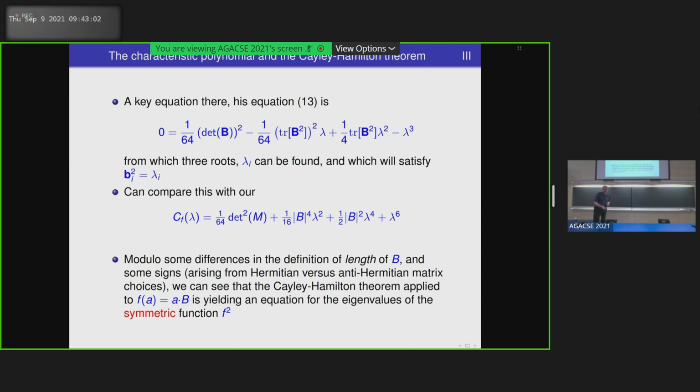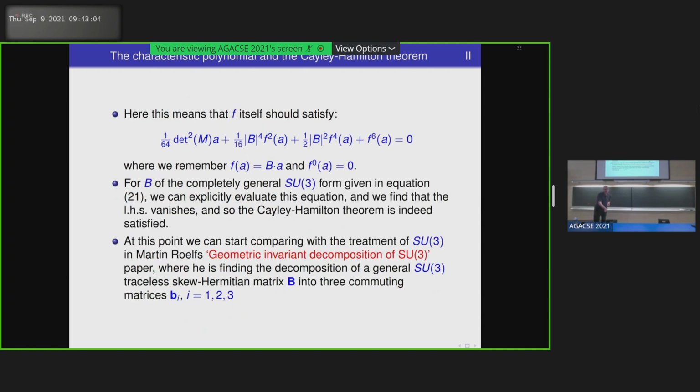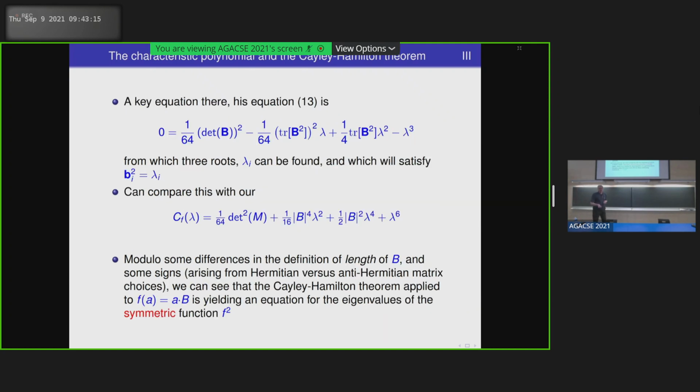Let's go back to this equation in f. Only f squared, f fourth, and f to the sixth enter this. You only get the square of the function a dot b appearing, and this is because if you have your f of a equals a dot b, the Cayley-Hamilton theorem applied to that yields an equation for the eigenvalues of the symmetric function f squared. And this is in Hestenes' work, but I'd never taken it in and understood how it related to this until doing this work.